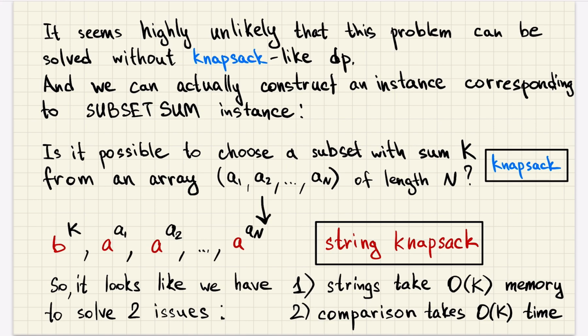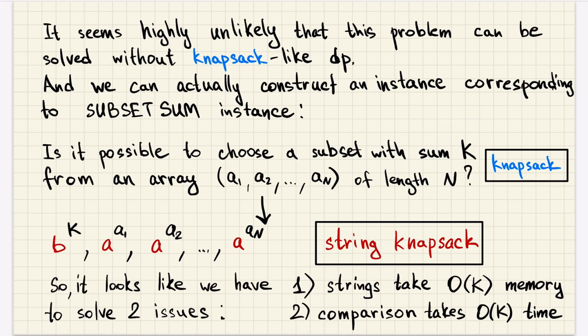The only way we can solve knapsack is to do some kind of dynamic programming with current total weight in the state, because we know that knapsack with unbounded weights is NP-complete.